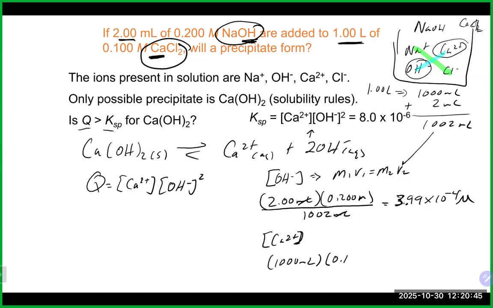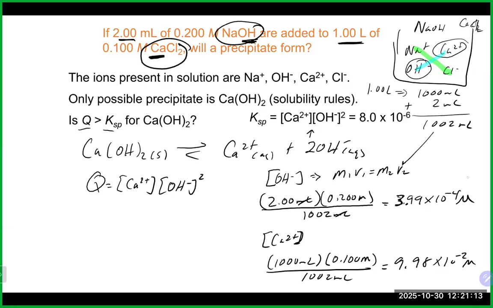And its molarity is 0.1 molar divided by our total volume of 1,002. And that's going to give us our correct concentration of calcium in this case. Divided by 1,002, that's going to give us about a 9.98 times 10 to the minus 2 molar. First off, any questions on that there?